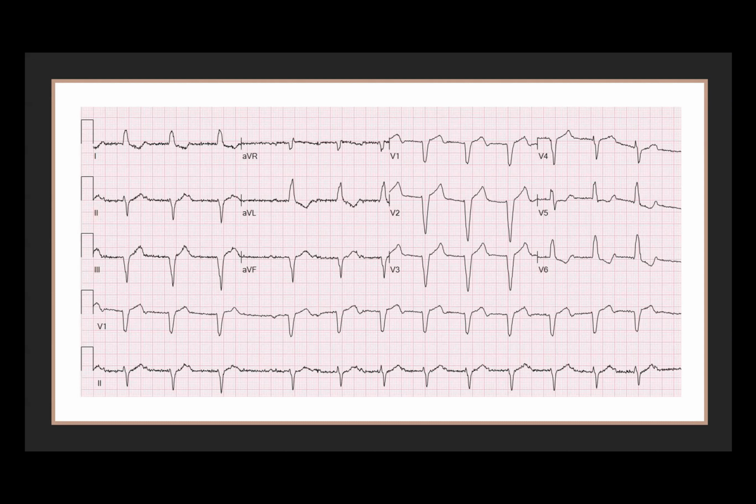Then we see a wide QRS with left bundle branch morphology. Good. And then the axis is deviated to the left. Good, so left axis. So LBBB, widened QRS, AFib, and you said left axis, correct?